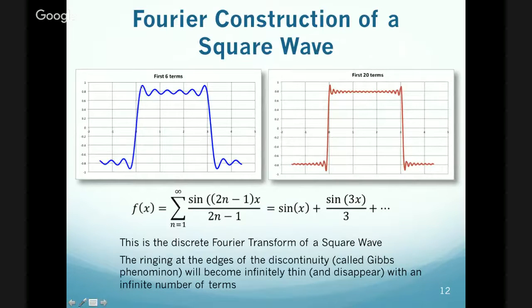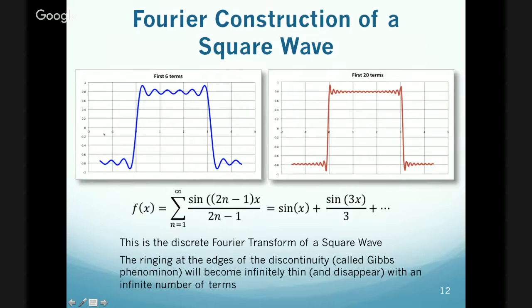If we only have low frequency spatial content here, we don't see a very good edge there. We see the edge come up in a sloppy way. It looks a little rough, and then it goes back down in a sloppy way. If we add more high frequency components, we get a better edge. We get a better looking edge, and we get a sharper picture of that square wave.